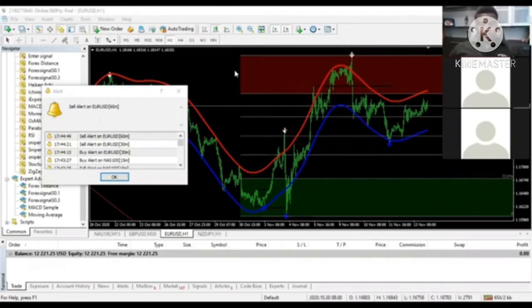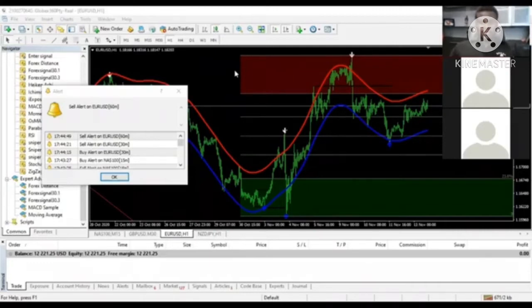So the pair that we'll be using at this current meeting is EUR/USD. We are on the H1 time frame. So, what exactly does the system do? The system will give you a buy and sell alert when it sees buy opportunities or sell opportunities in the market on any pair, be it your Nasdaq index or your currency pairs.